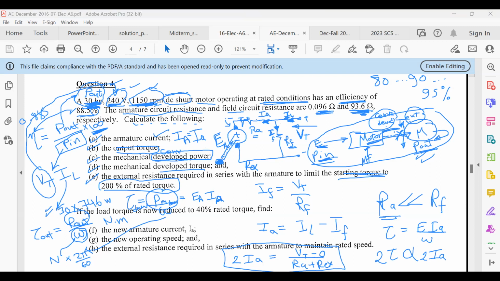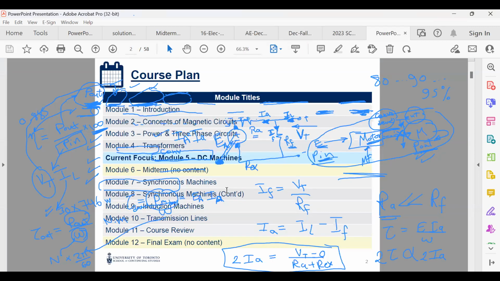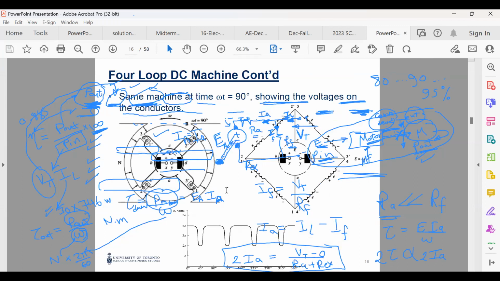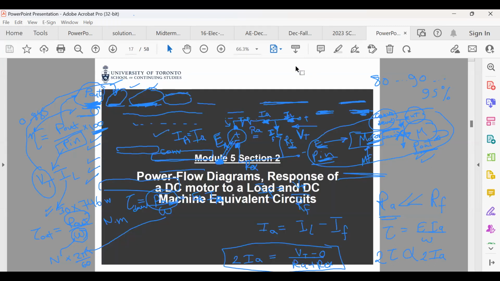I'm not sure if you can see my screen. You only see the PDF, right? Yes. Okay, I can open the DC module, no problem. Because this is a very good question, let me clear this.